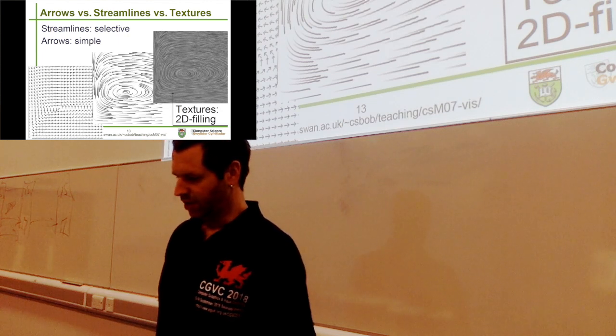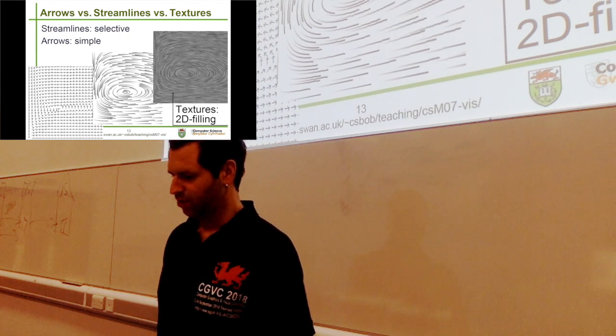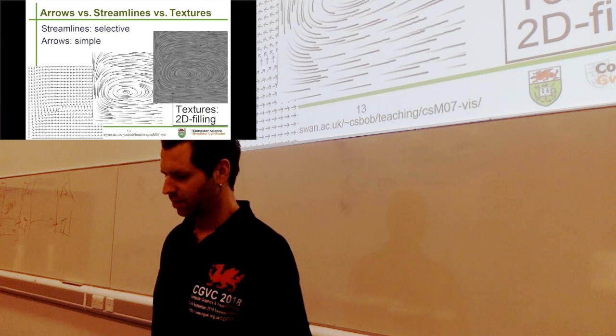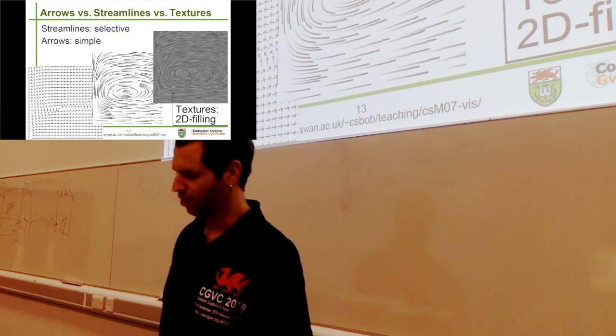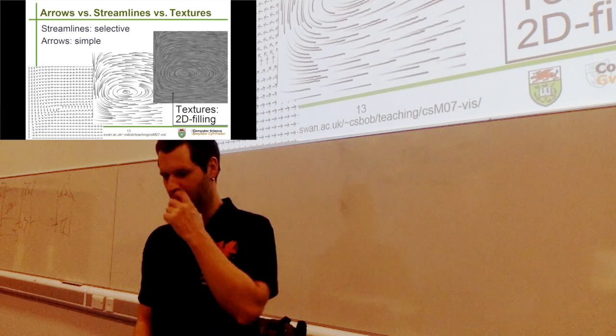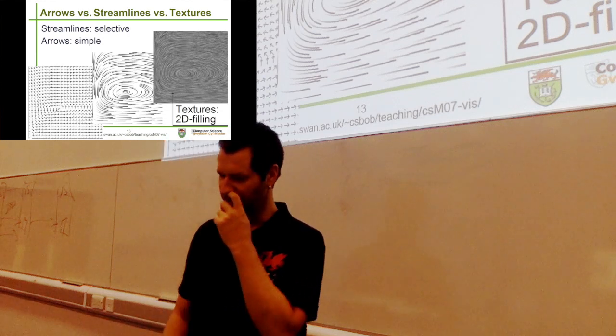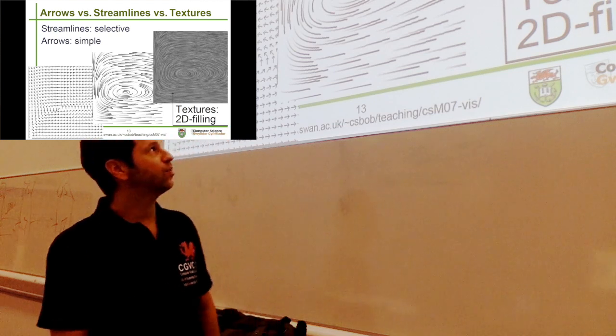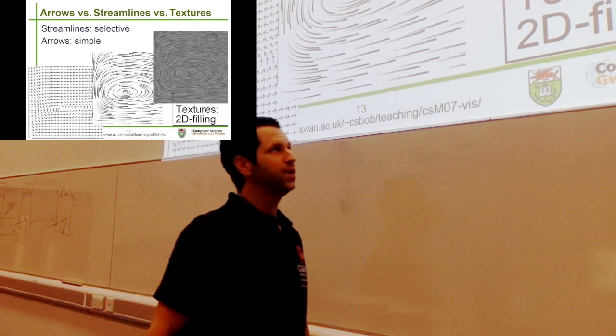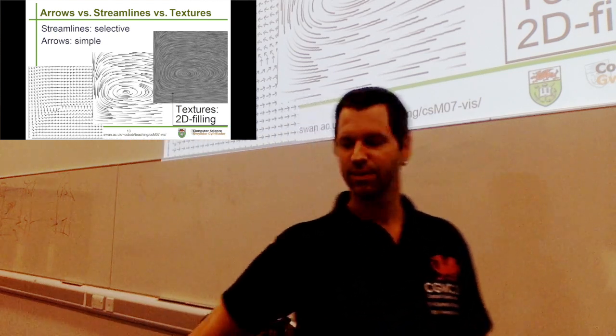And that's an image that compares three of the classes of techniques: the glyphs, the short streamlines, also called streamlets, and texture-based flow visualization. It's nice to see these three side by side on the same data set.